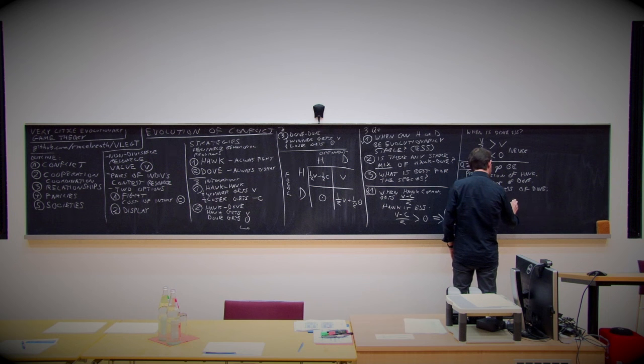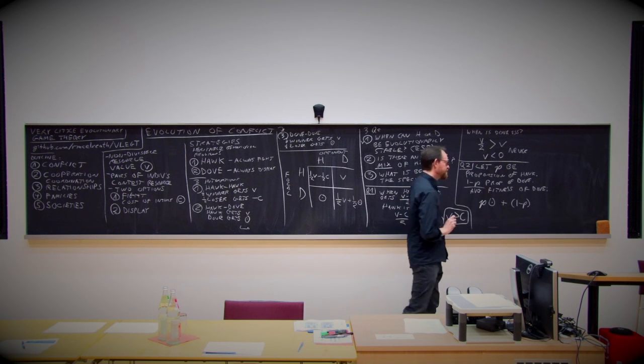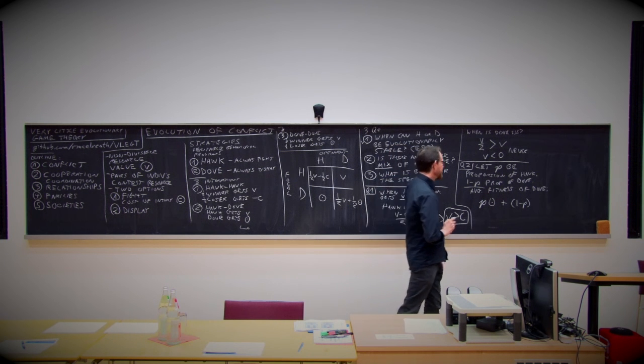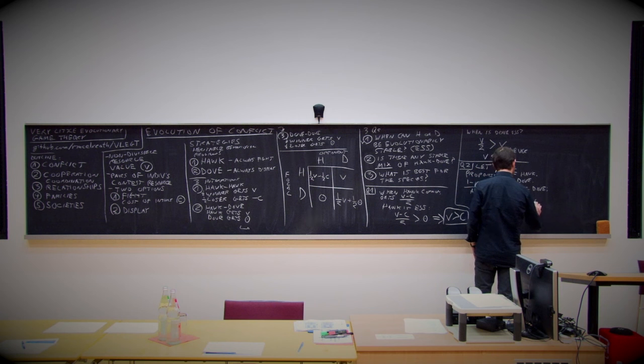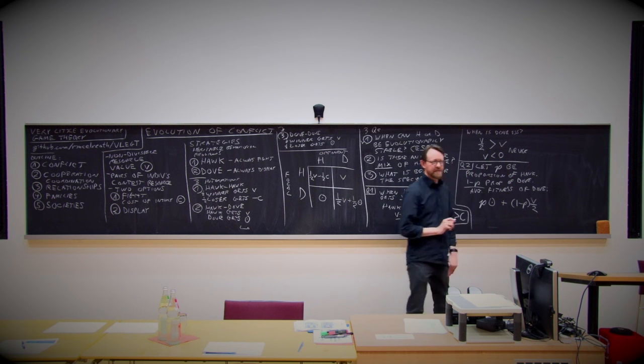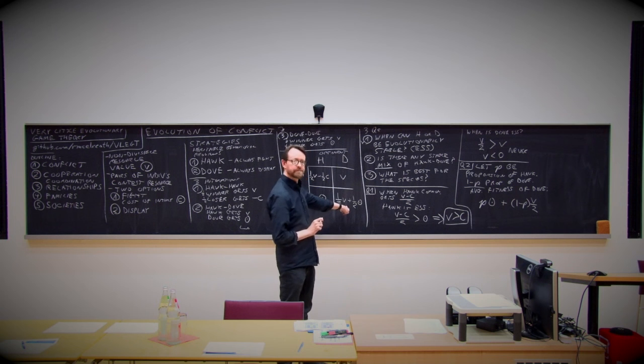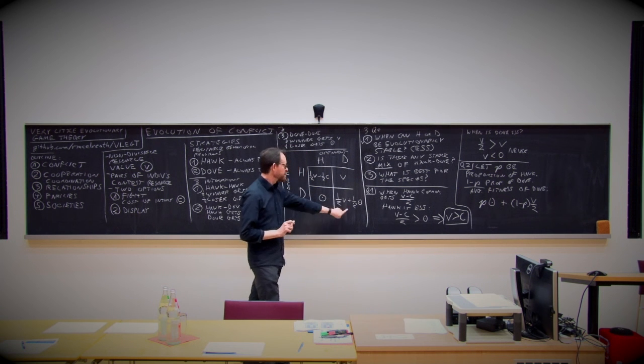The other thing that happens is 1 minus p of the time, you meet another dove. This is the alternative. And then what happens is you have a little display contest and you win half the time. So you get v over 2. That's here. These are the 2.